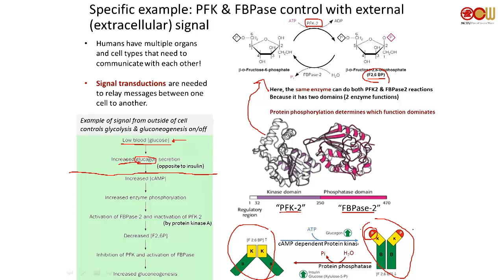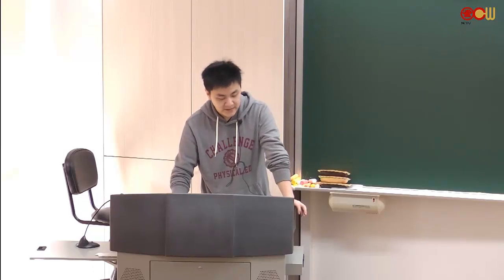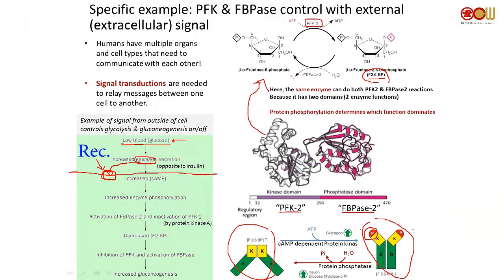Some cell is going to make this glucagon molecule, and this molecule is going to hook up to a particular receptor, some kind of protein on the surface of the cell that can interact with hormones. This is going to activate a particular enzyme that converts a little bit of ATP to this thing called cyclic AMP.